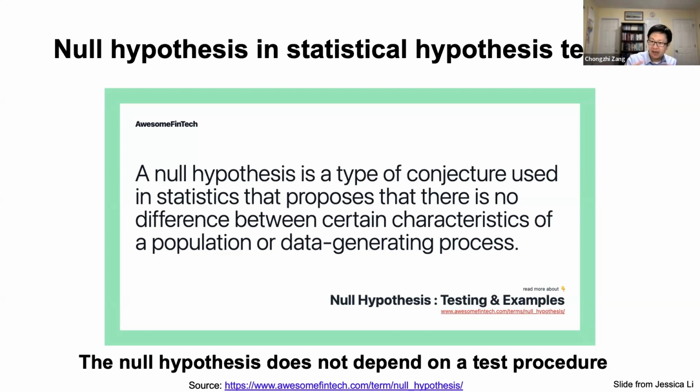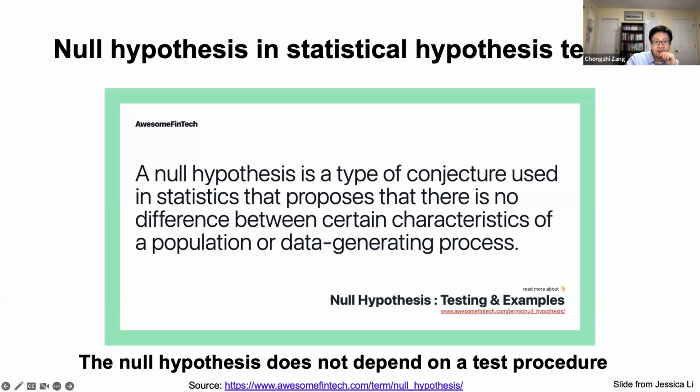We need to know what our null hypothesis is, right? And the null hypothesis does not depend on a test procedure. Regardless of what treatment we have, the negative control is always there, right?